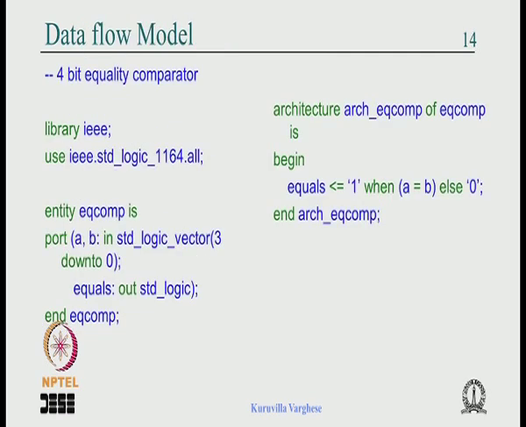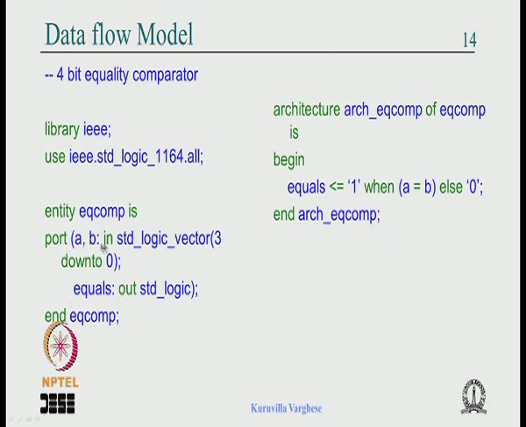So now let us look at the various ways of describing the components or the circuit. The first thing is the data flow model. We have already seen the data flow model, and we take as an example a 4-bit equality comparator. So this is the library declaration, use declaration, entity declaration with the port.